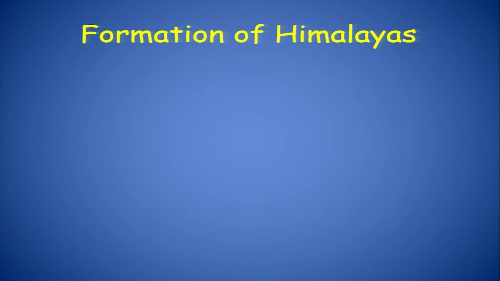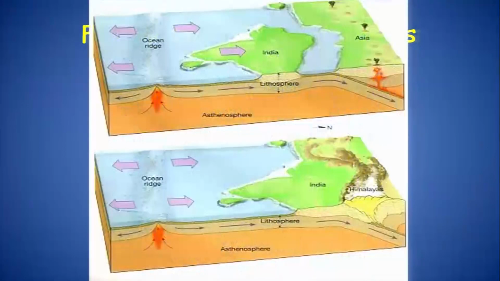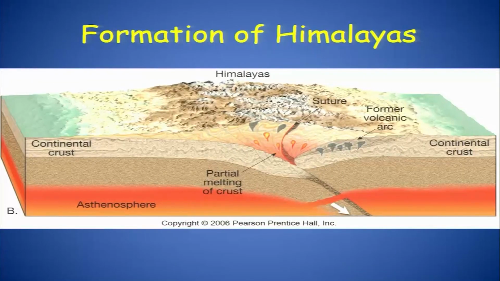So let us start very quickly with the formation of the Himalaya. We have discussed this in previous slides also. Most of the material which has been pushed by these two plates because of the continental convergence is under great strain.